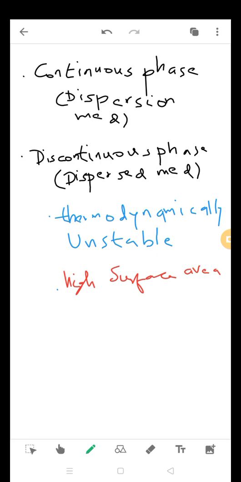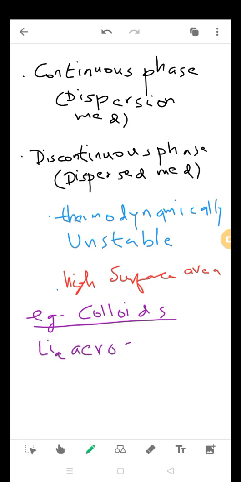Now, some examples of colloids are as follows: liquid aerosol, then foam, emulsion, sol, etc.